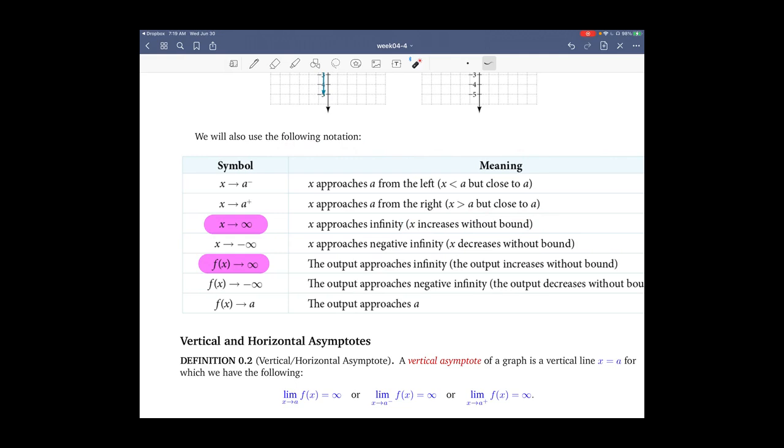But now we may specify x approaches negative infinity, for instance. That means x is a very large negative number, and it can be made as large as possible in absolute value and negative.